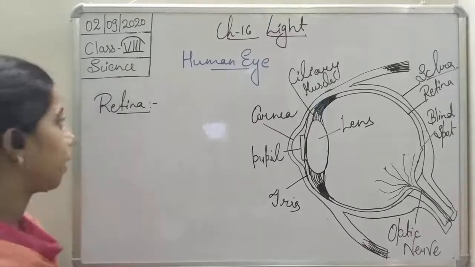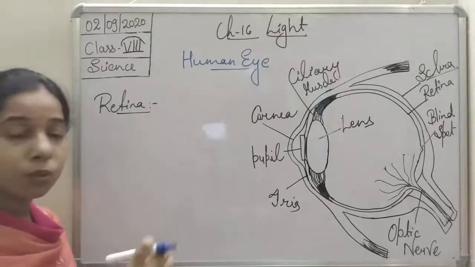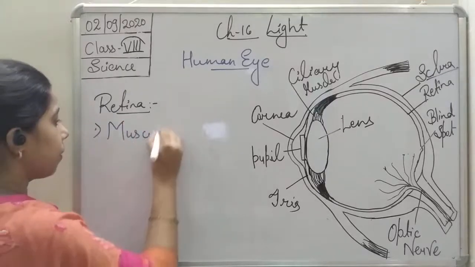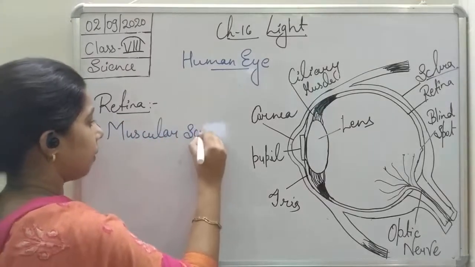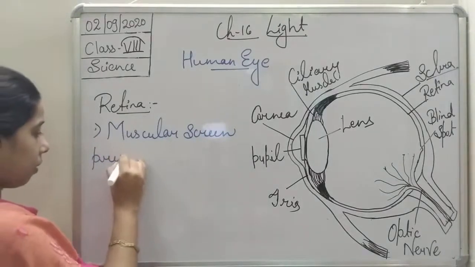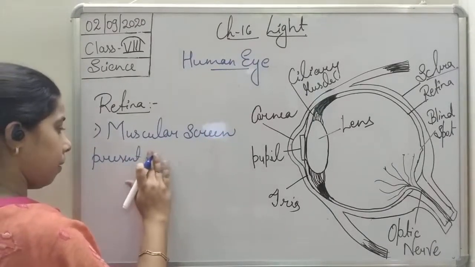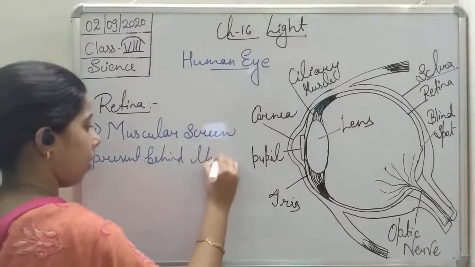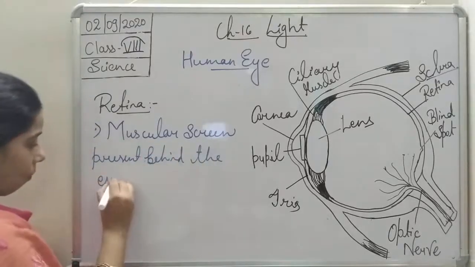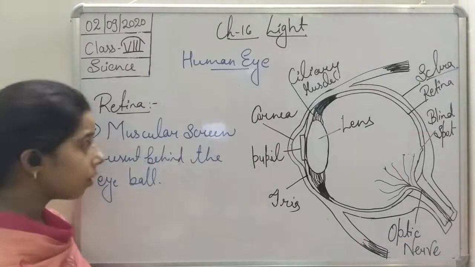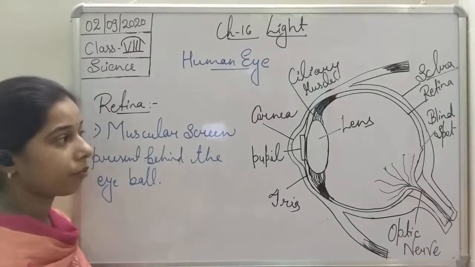Now we will discuss again here. So what is a retina, student? It is a muscular screen present behind the eye. Okay, muscular screen present behind the eye.